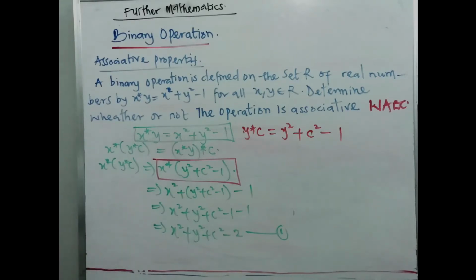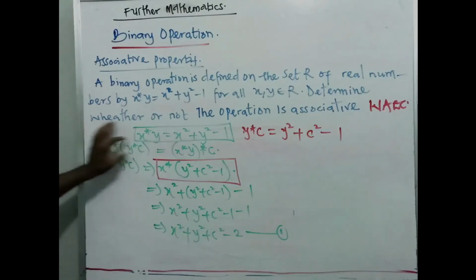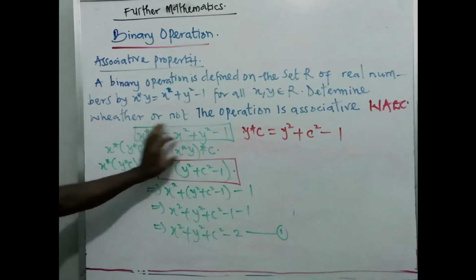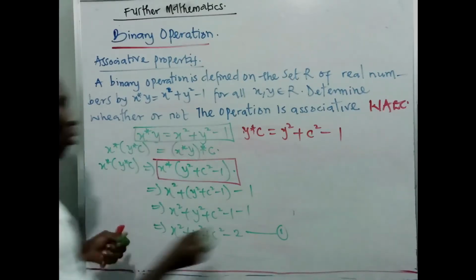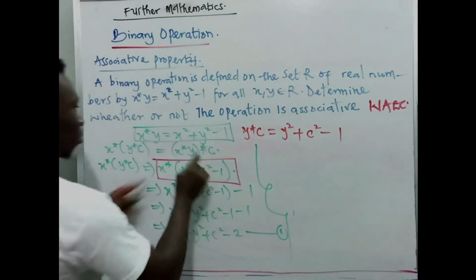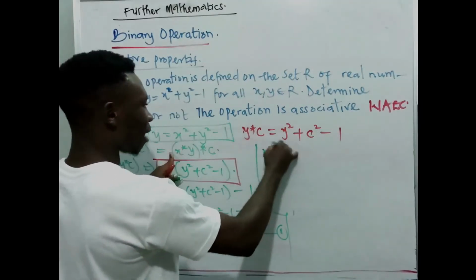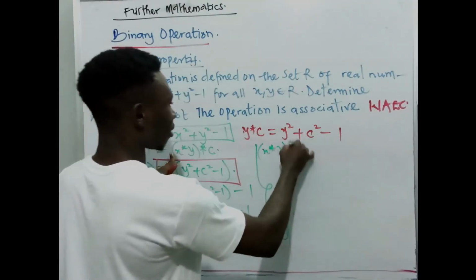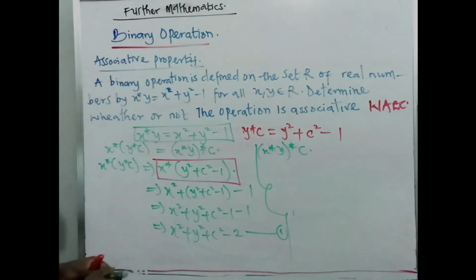Now, having noted this as equation 1, I can proceed. This particular expression is just for this. We're trying to check if this will be equal to this. Now, since we've done that for that, let us go for this particular expression. This one says x asterisk y asterisk c.